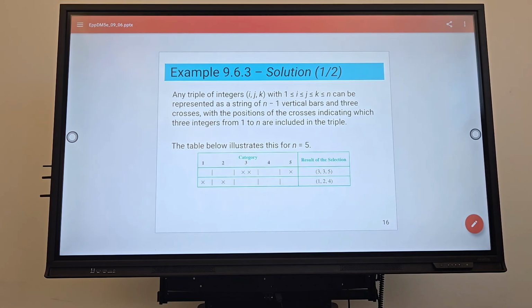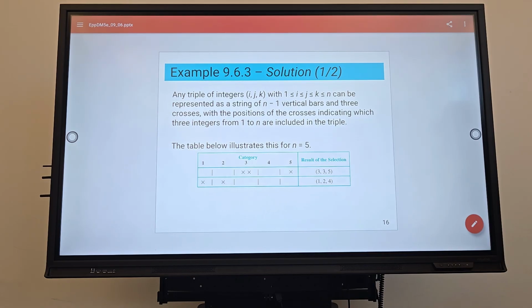Any triple of integers with those conditions can be represented as a string of n minus 1 vertical bars and 3 crosses, with the positions of the crosses indicating which 3 integers from 1 to n are included in the triple.